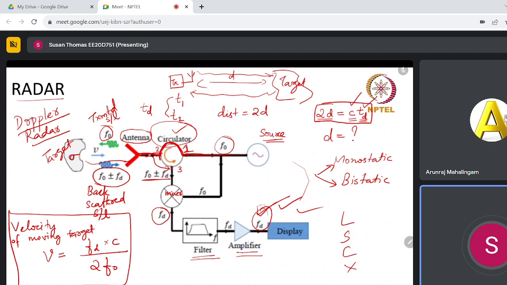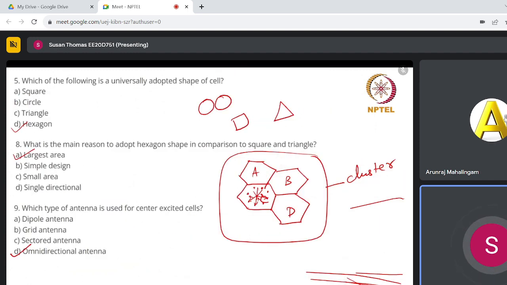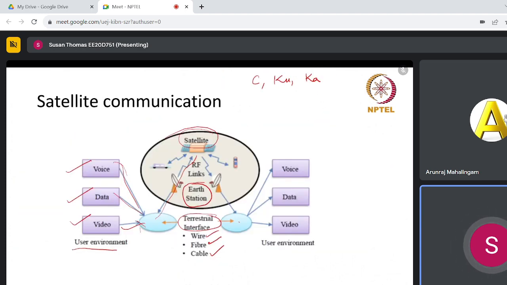These are like 1 to 2 gigahertz, 2 to 4 gigahertz, 4 to 8, and 8 to 12. These are all different frequency bands used in radar. What I was talking about for satellite communication are C band, Ku band, and Ka band, which are in the range of high frequencies.